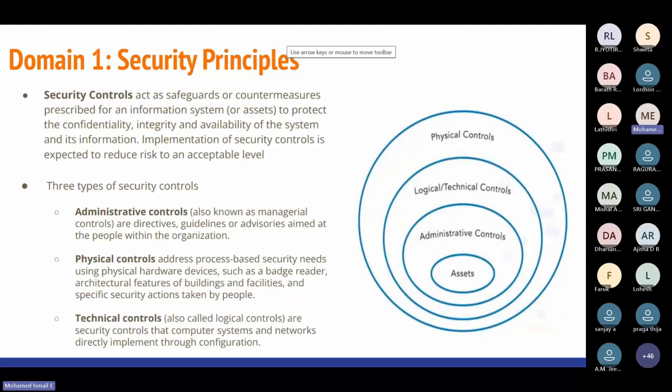Then security controls. Security controls start from physical security, right? Take any organization, why are they giving ID cards, why are they giving door access? The company environment is built by secure design.